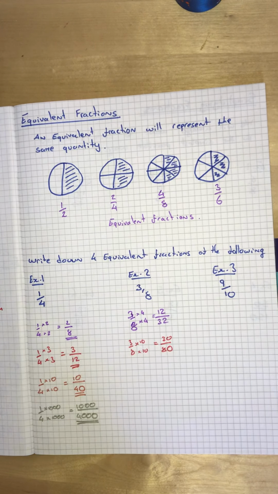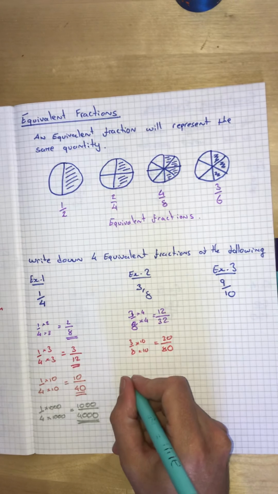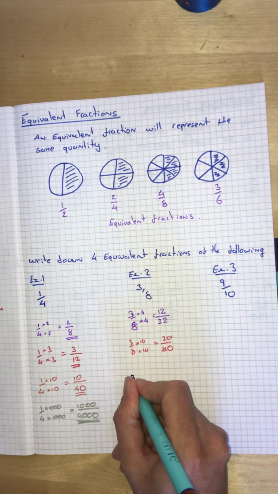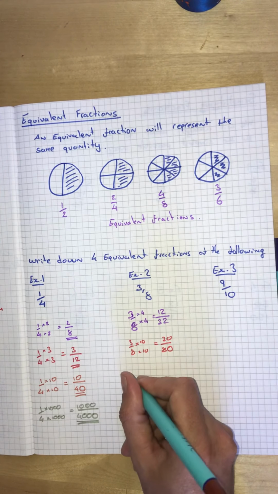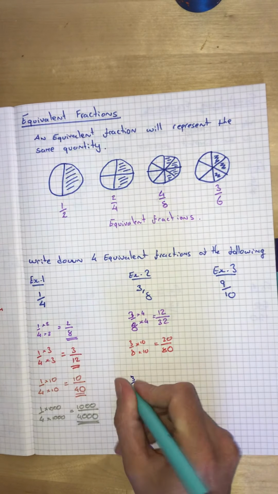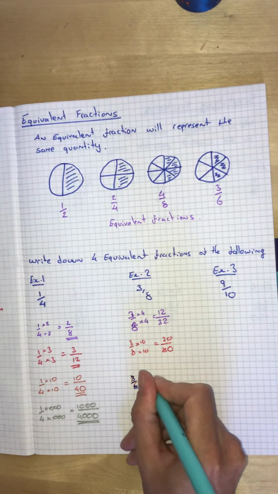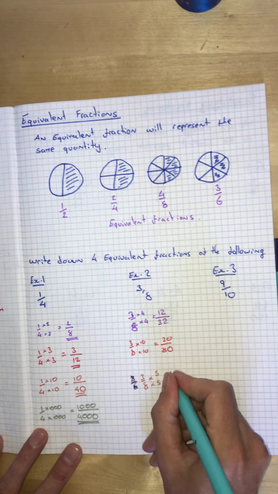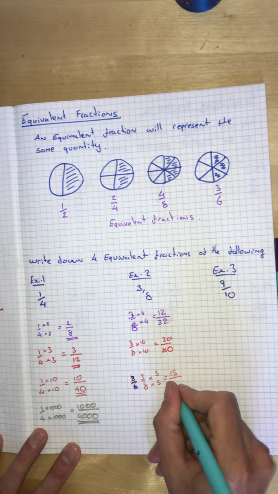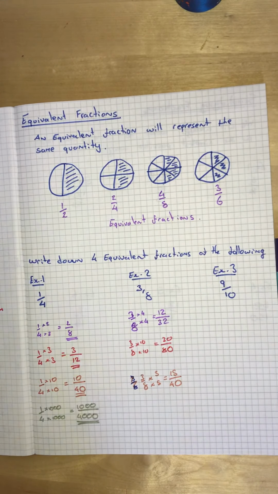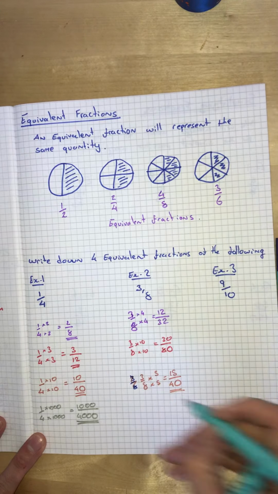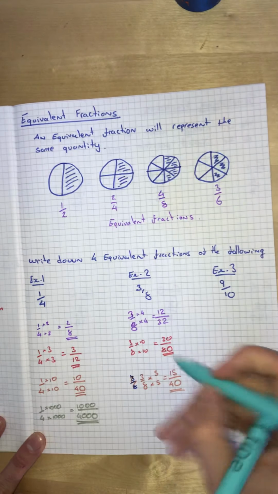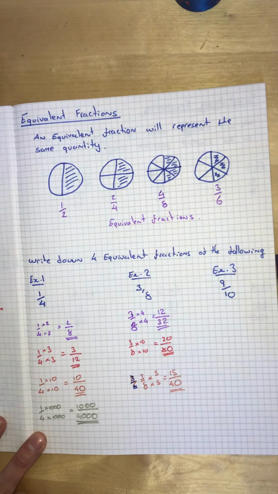Let's do another one. Let's multiply it by 5. 3 times 5 is 15. 8 times 5 is 40. Again, another equivalent fraction. Last one.